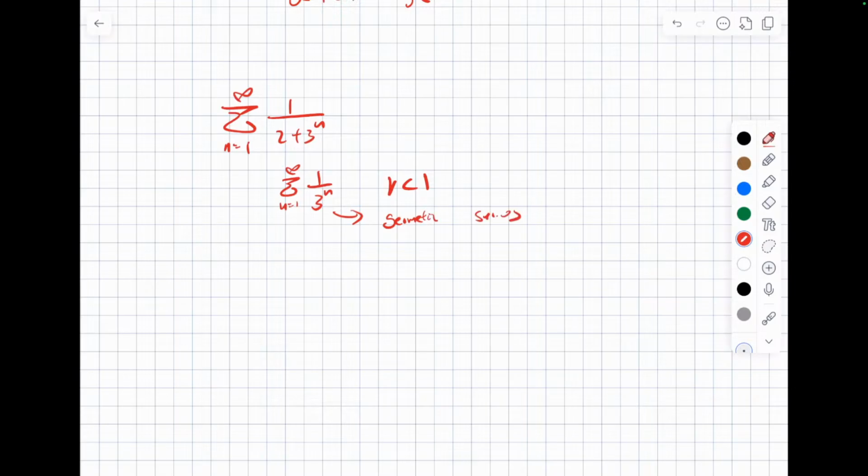Then this is going to converge, due to the direct comparison test, because you directly compare with another series. You're not dividing, you just compare this one. And since this is less than 1 over 3 to the n, which converges, it has to converge.